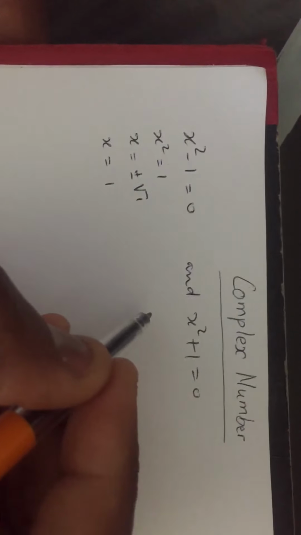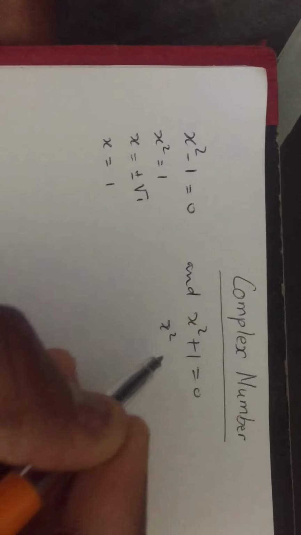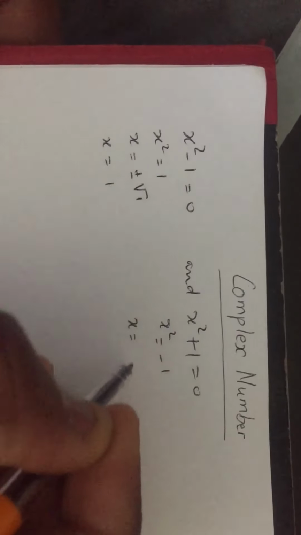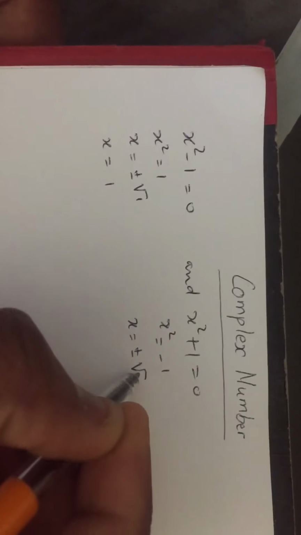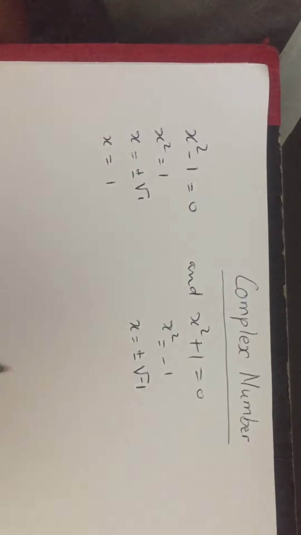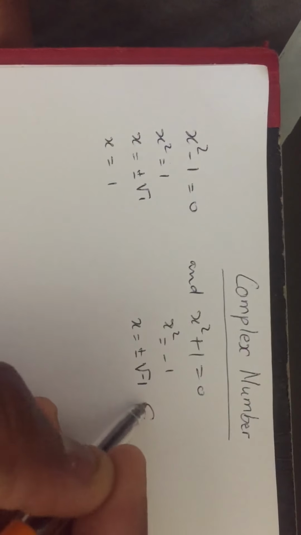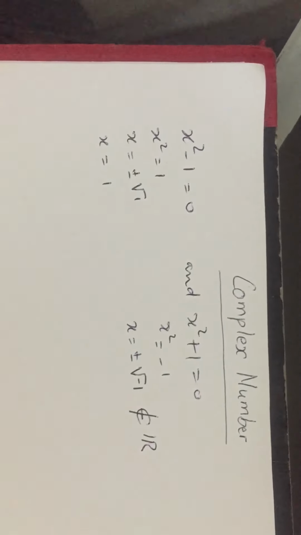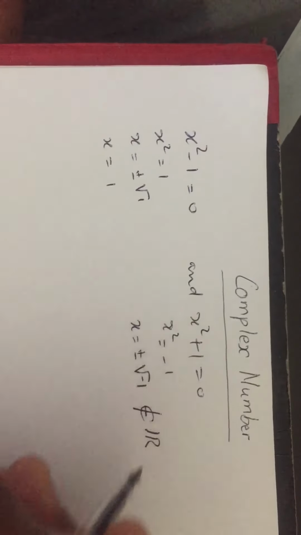But look here, I will have x squared equal to minus 1, and x will be equal to plus or minus square root of minus 1, and this doesn't exist in R.